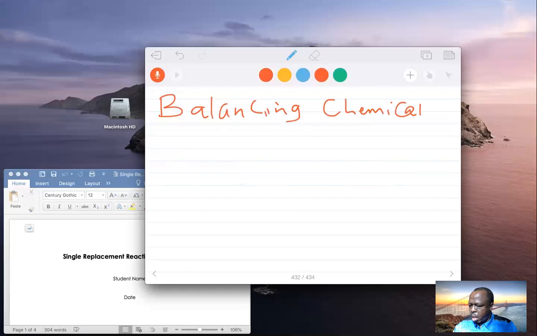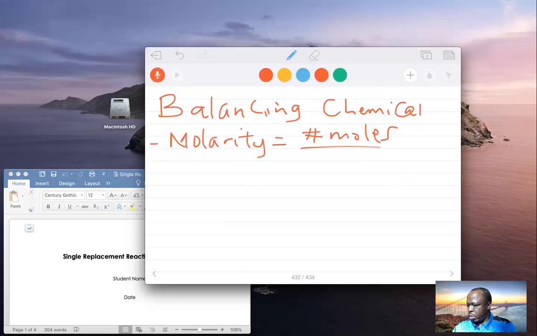The concept of expressing the concentration of a solution using molarity is simply the number of moles over the volume in liters of solution. This is equation 1. This is equation 2.